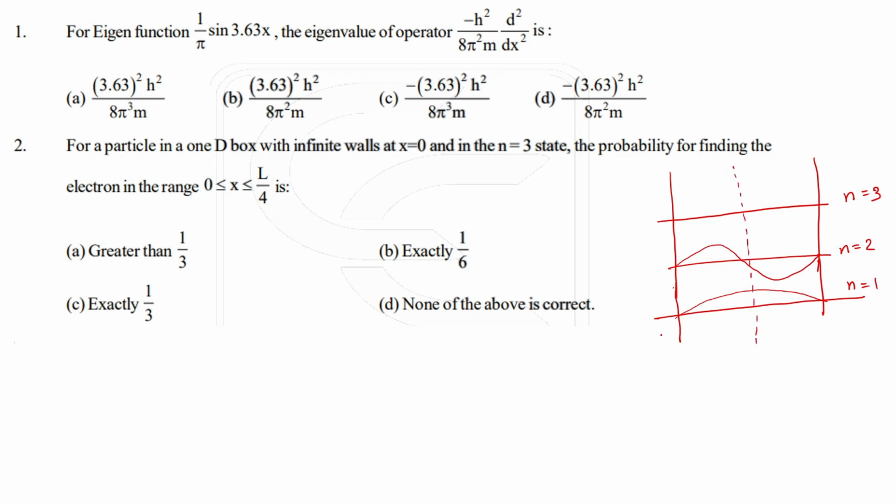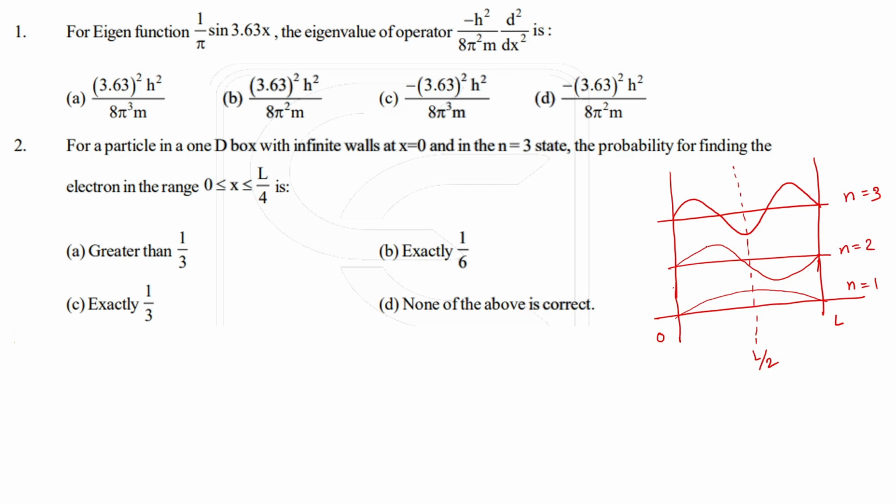Okay, this is 0, this is L by 2, this is L. And what about n equals to 3? It will go like this and have a minima at L by 2, and again come back and like this. There are two nodes in n equals to 3, right?